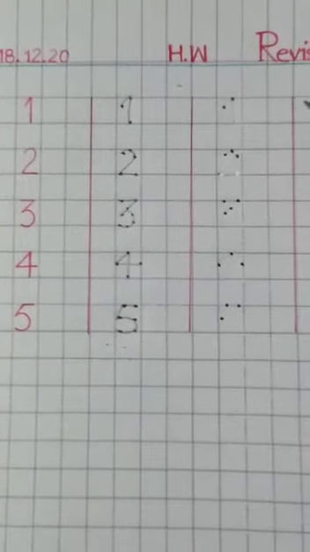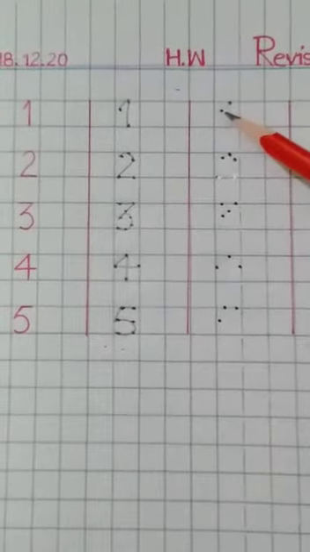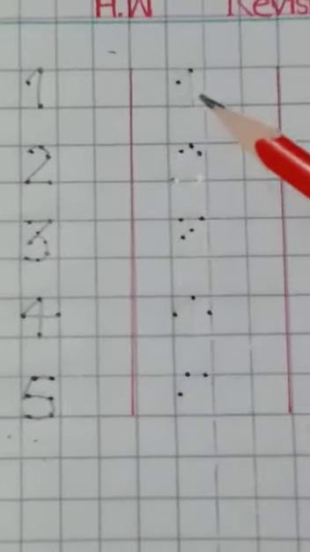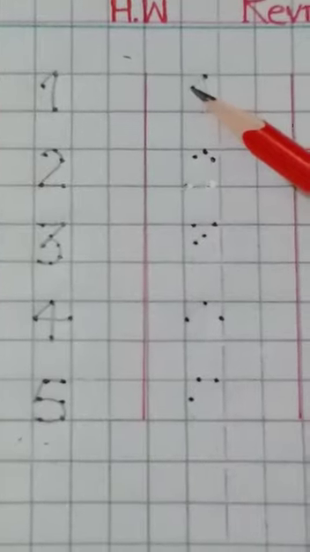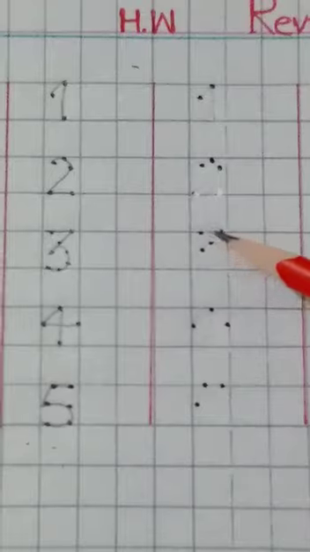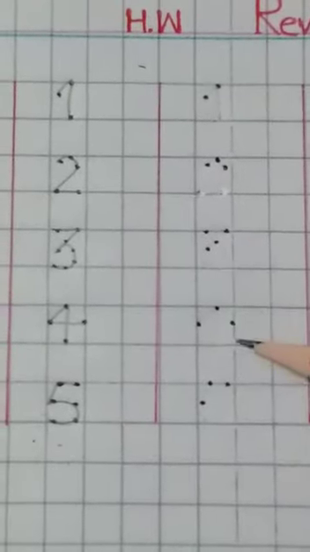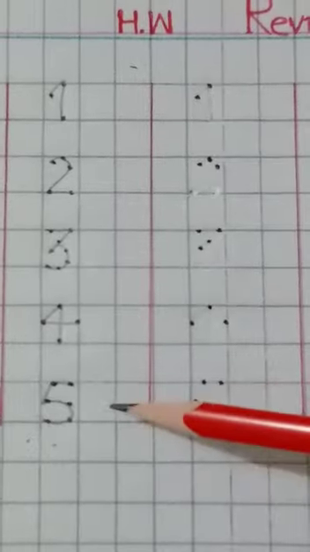Now I'm going to write and show you all the starting points. Like here I have only 2 dots for 1, 3 dots for 2, 4 dots for 3, 3 dots for 4 and 3 dots for 5.